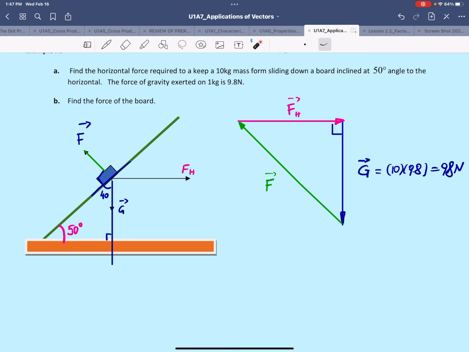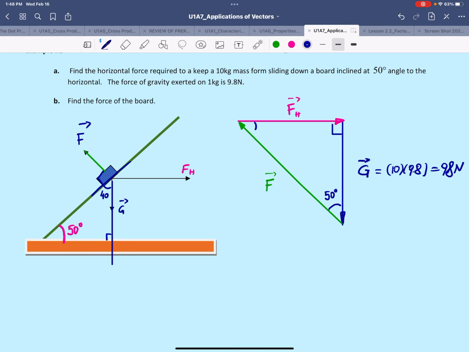So we're going to say that this angle here is about 130 degrees. How do we know this? Because 40 plus 90, right? That means that this angle here will be whatever is left over from 180. So 180 minus 130. So that will make this angle here 50 degrees.